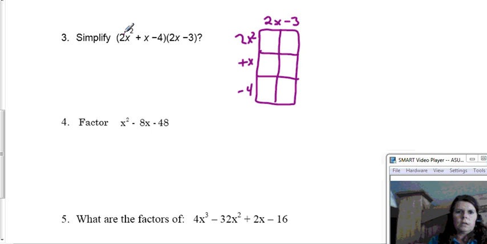But here we have the mailman has to go to both houses, so you can just distribute. And it would be 4x cubed minus 6x squared. Okay, and then you have, let's say the paperman. He has to go to both houses.